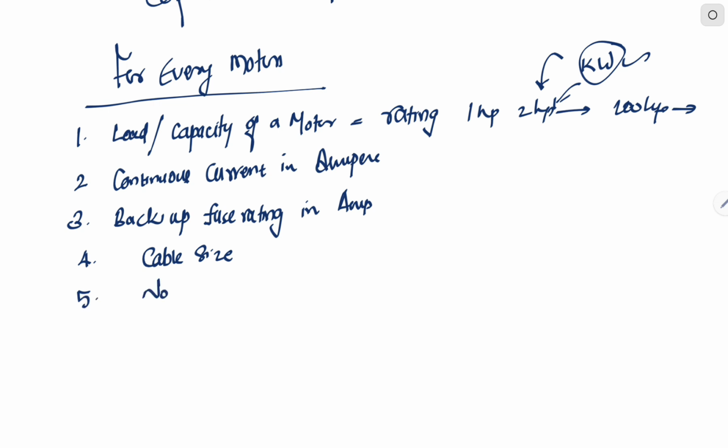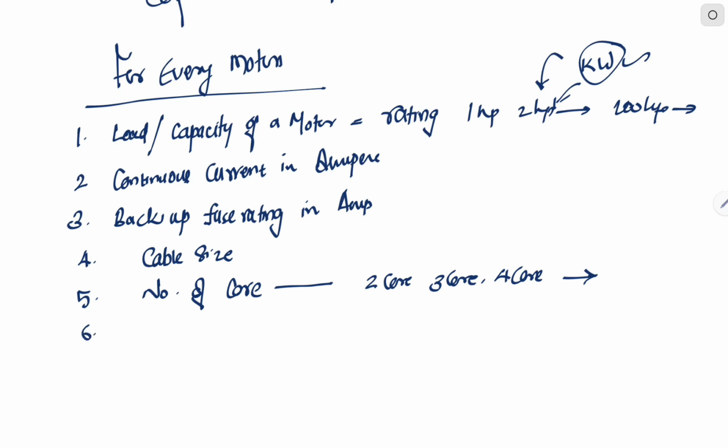Fifth, number of cores. That may be 2 core, 3 core, 4 core, like that. Nowadays, the protective earthing cable also comes with the cable as another core.